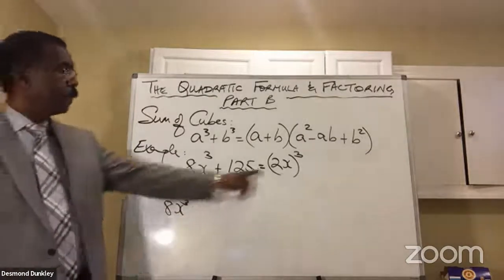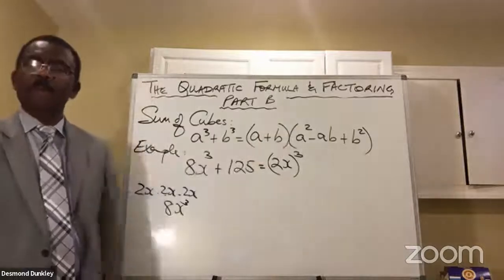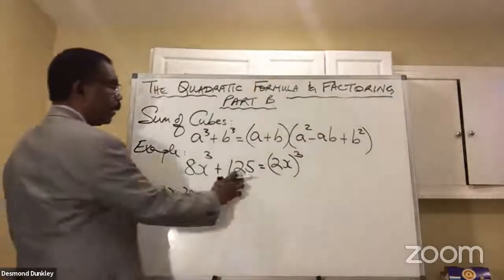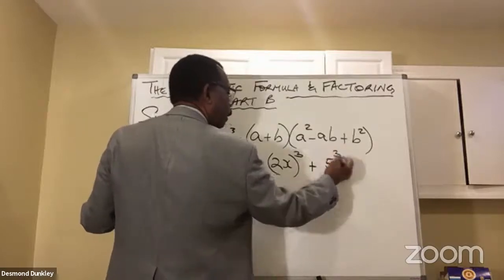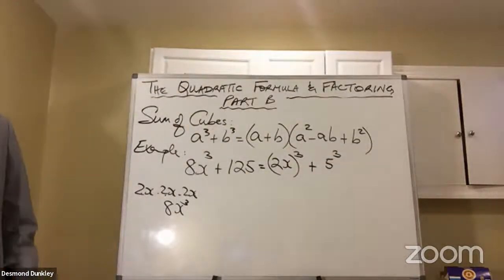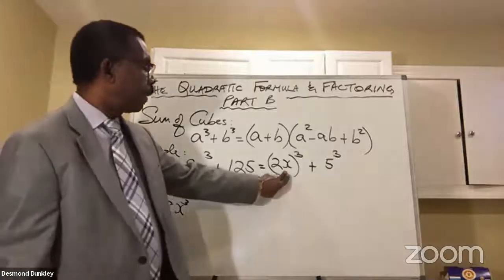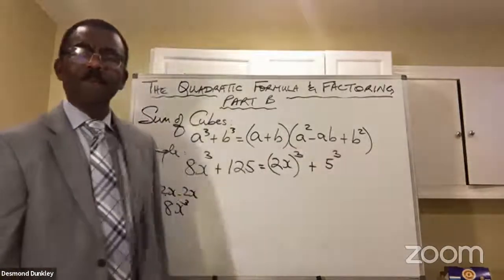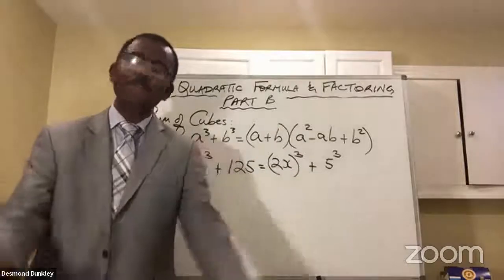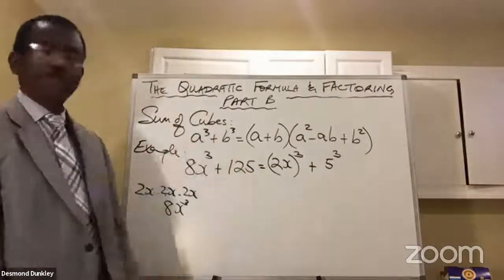So 8x cubed is 2x to the third power. What is 125? It's 5 to the third power. So we have something cubed plus something cubed. Sum of cubes.